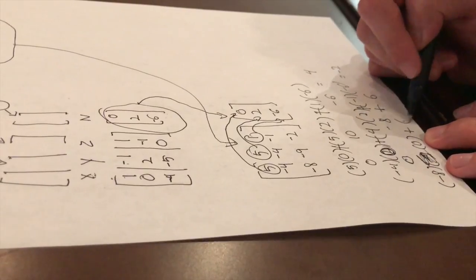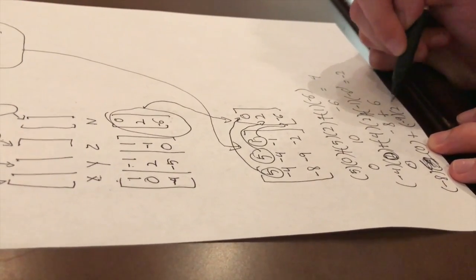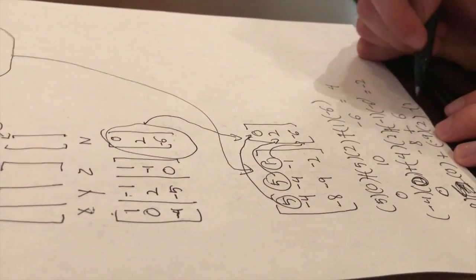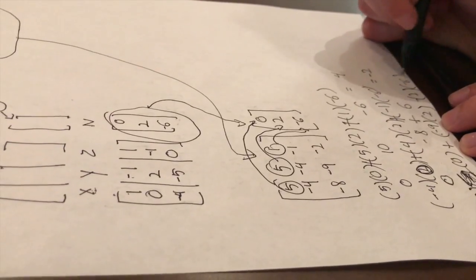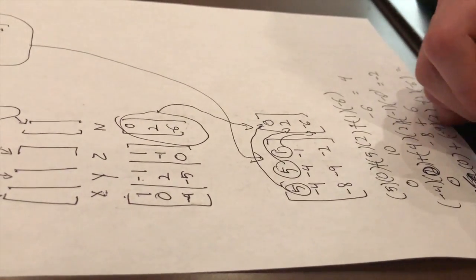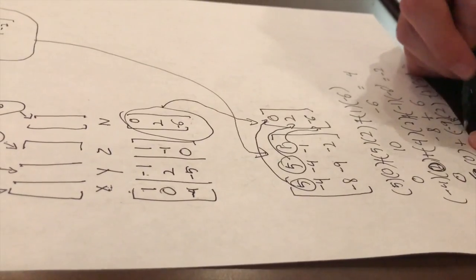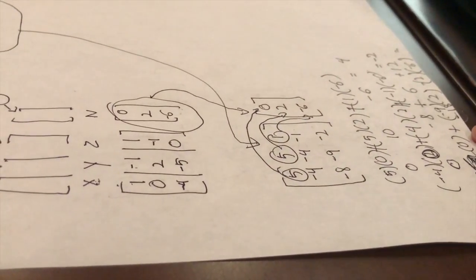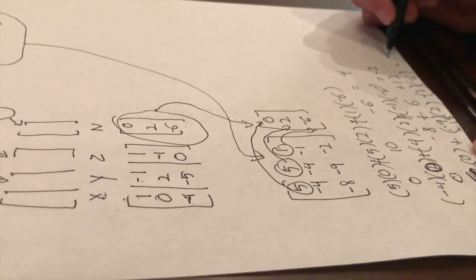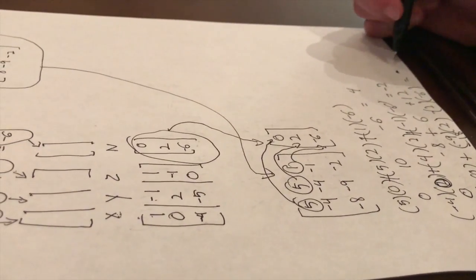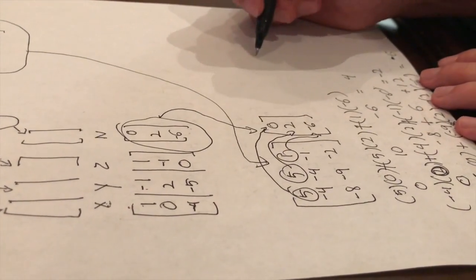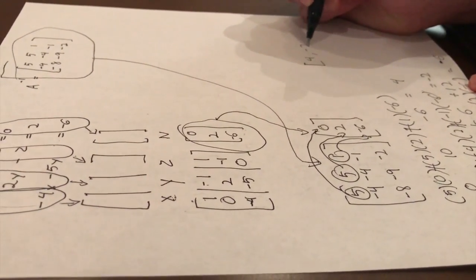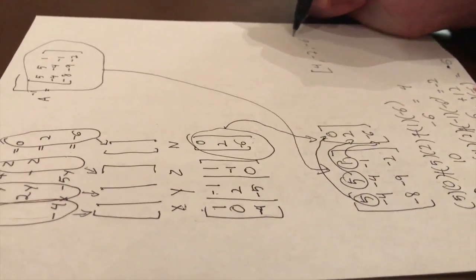Negative 8 times 0, negative 9 times 2, and negative 2 times negative 6. 0, negative 18, and positive 12. You add them up, you get negative 6, my bad. So this is our solution: 4, negative 2, and negative 6.